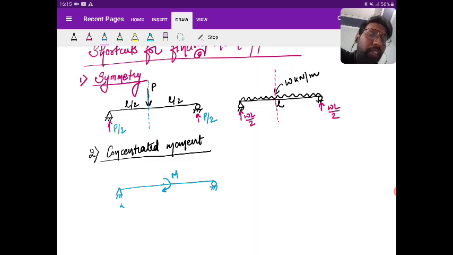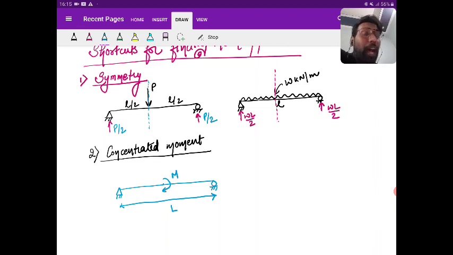This moment is anywhere in the beam, and the length of the beam is L. So what I've told you is that if there is a moment, then the moment can be balanced by the opposite moment or by a couple. But for the opposite moment, you need a support which can resist that moment, right? And for the couple, you need two supports which can resist the forces.